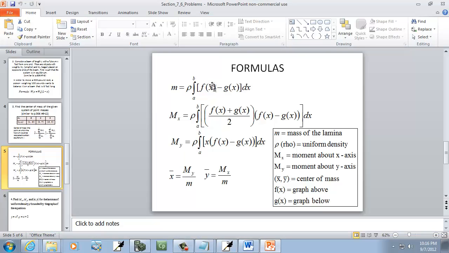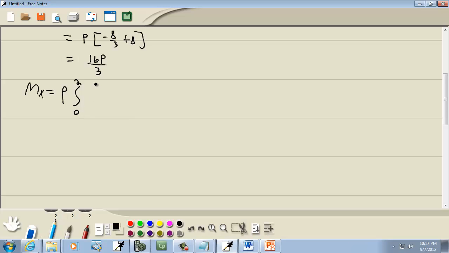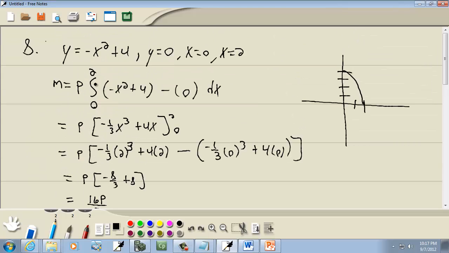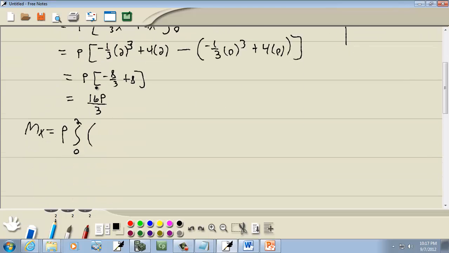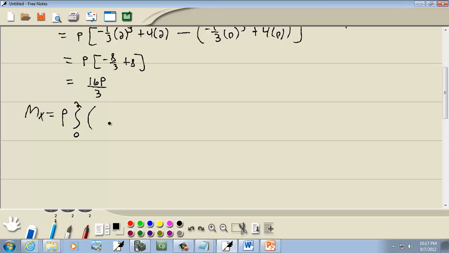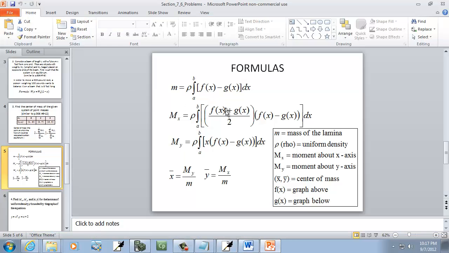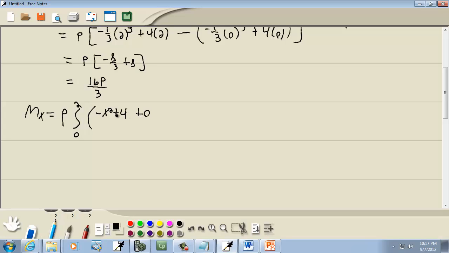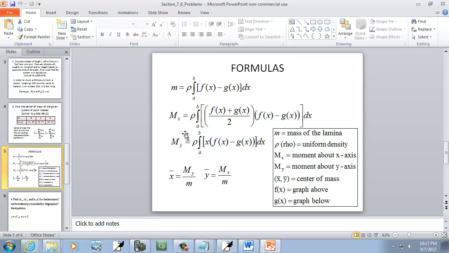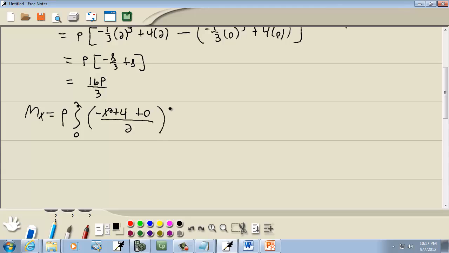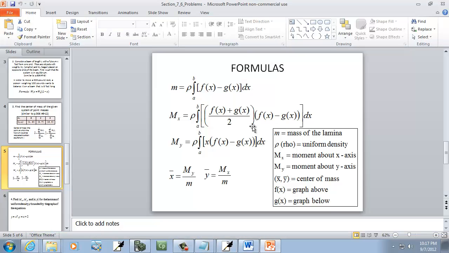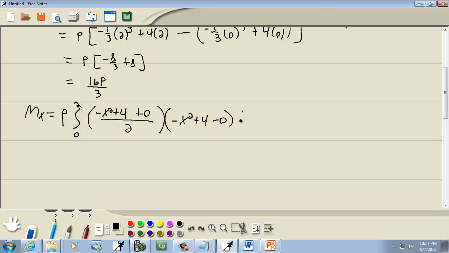And then we have f of x plus g of x, again the graph above and graph below. So this is going to be f of x, which was negative x squared plus 4, plus g of x, which is just 0, divided by 2. Then times my negative x squared plus 4, the f of x, minus g of x. That'd be minus the 0.